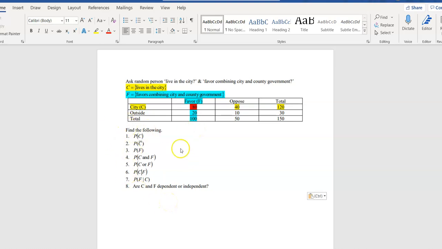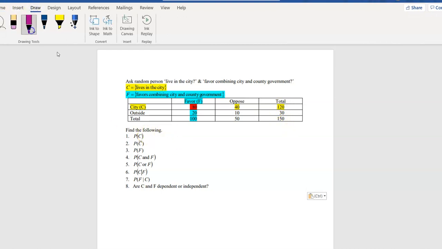So let's find the probability of C. Well, if we look all the way across, the total number that live in the city are 120 out of the 150 questioned. So that's 120 out of 150.